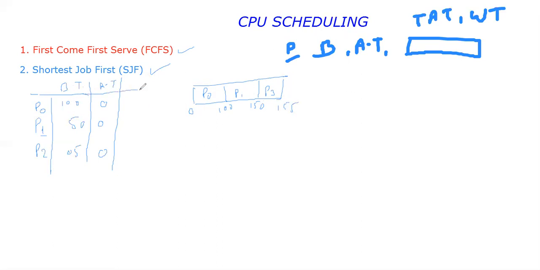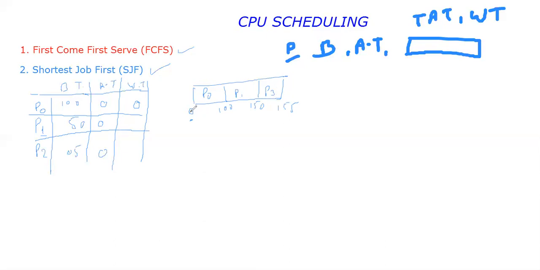Now what will be the waiting time? For the P0 process, the waiting time will be 0, since it arrived at 0 and immediately got a chance for execution. What will it be for P1?